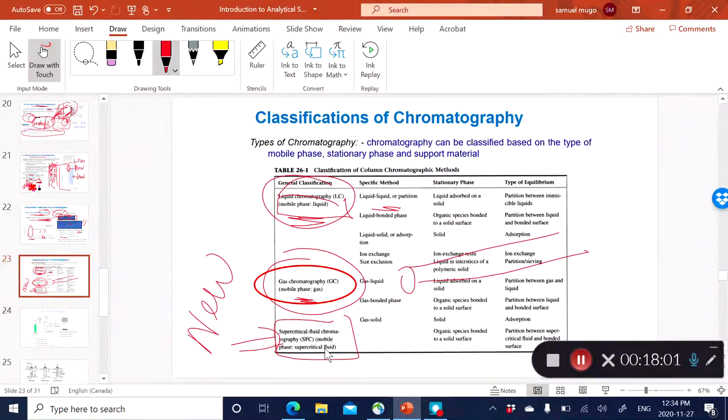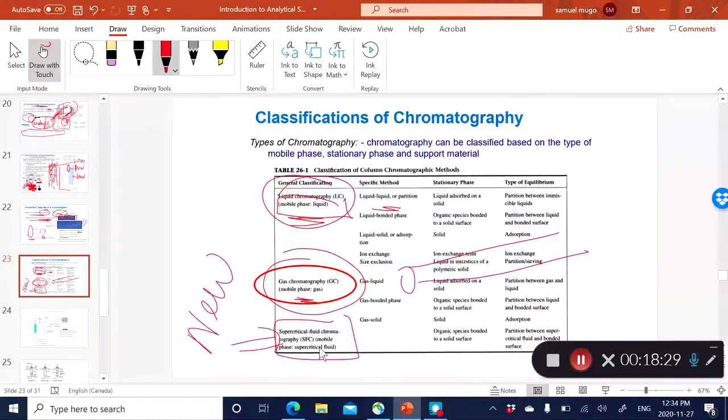A supercritical fluid is a fluid where the characteristic of the mobile phase is such that it's not quite a liquid, nor is it quite a gas. So this is where you often take a liquid and you pressurize it, and you heat it at the same time, to get what you refer to as a supercritical fluid.